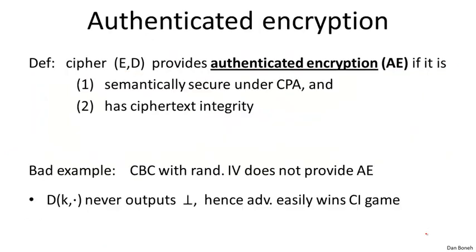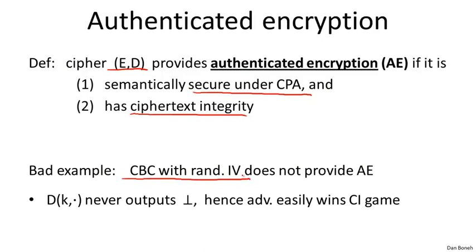So now that we understand what ciphertext integrity is, we can define authenticated encryption, and basically we say that a cipher has authenticated encryption if, as we said, it's semantically secure under a chosen plaintext attack, and it also has ciphertext integrity. So just as a bad example, let me mention that CBC with a random IV does not provide authenticated encryption because it's very easy for the adversary to win the ciphertext integrity game.